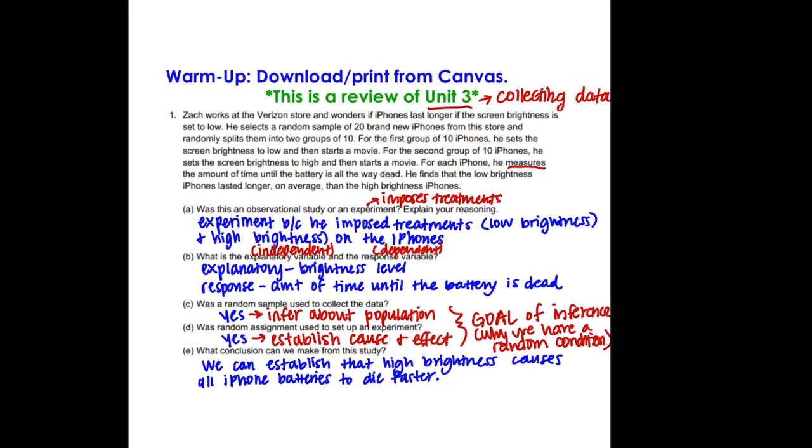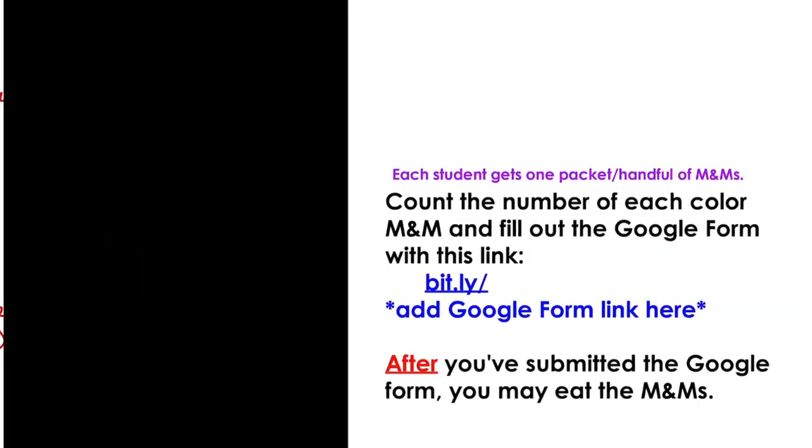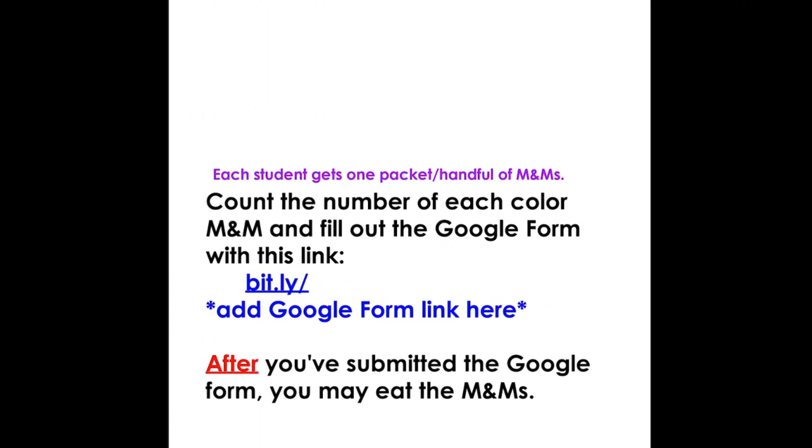packet that says which color is the most common M&M. So take that out. Now, hopefully we're at school or you've got some M&Ms at home, and what I want you to do is just take a pack of M&Ms, a little pack, a mini small kids pack or whatever, snack pack, fun size pack, and count the number of each color.